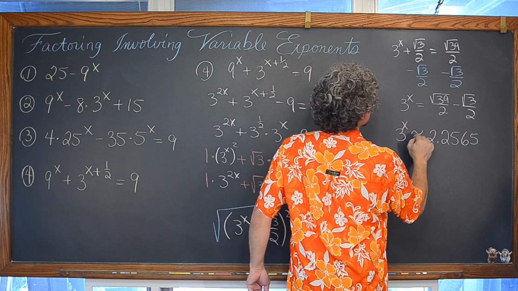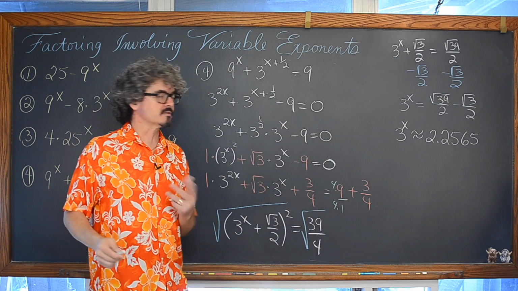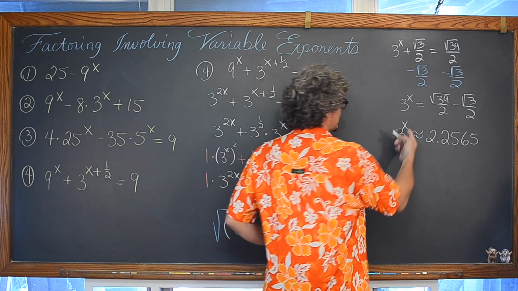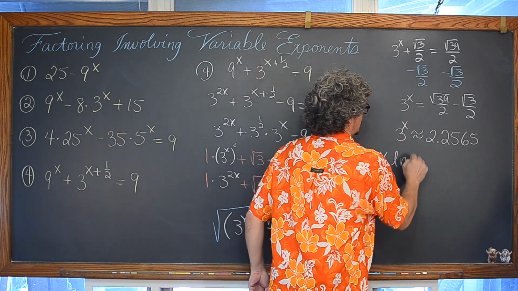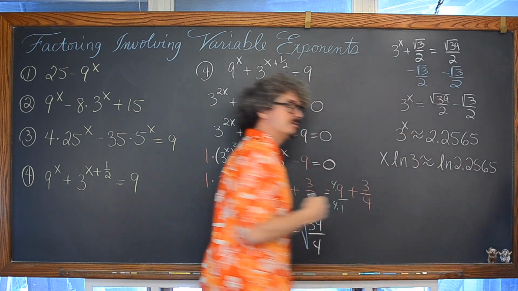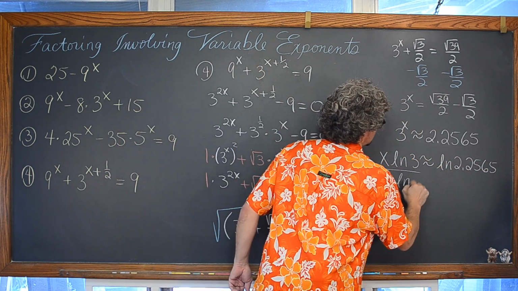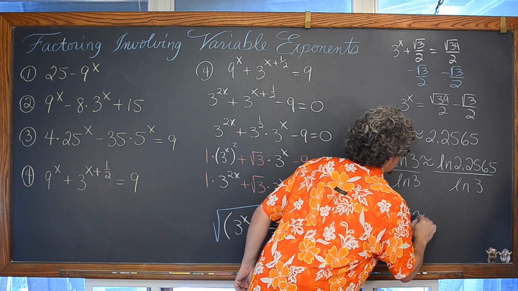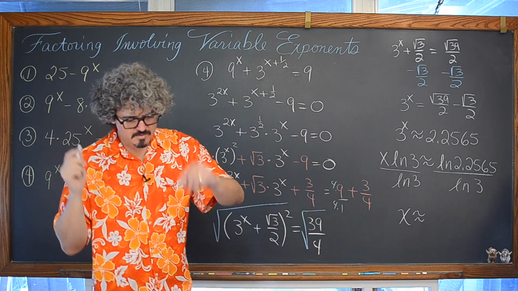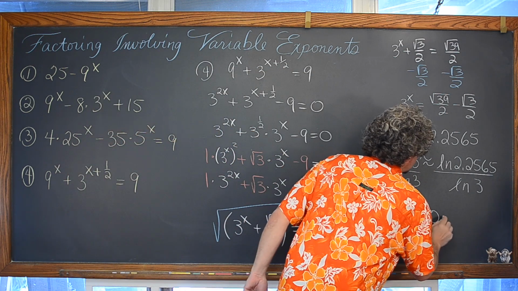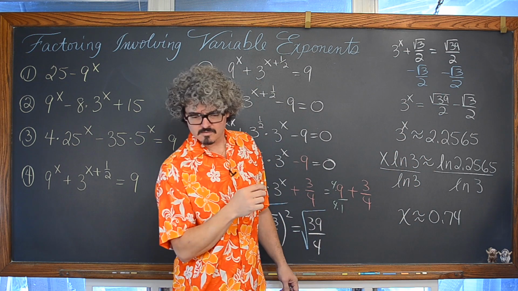And now this is an approximated value, so I'm going to switch to that approximate symbol. We're going to take the natural log of both sides and drop the x down. Divide both sides by the natural log of 3. And x is approximately equal to 0.74077.